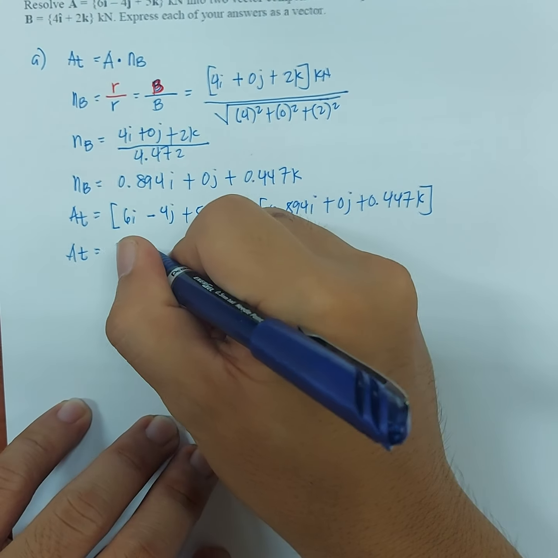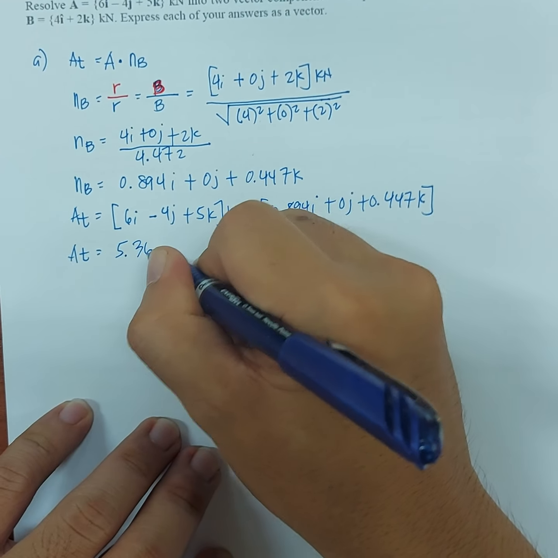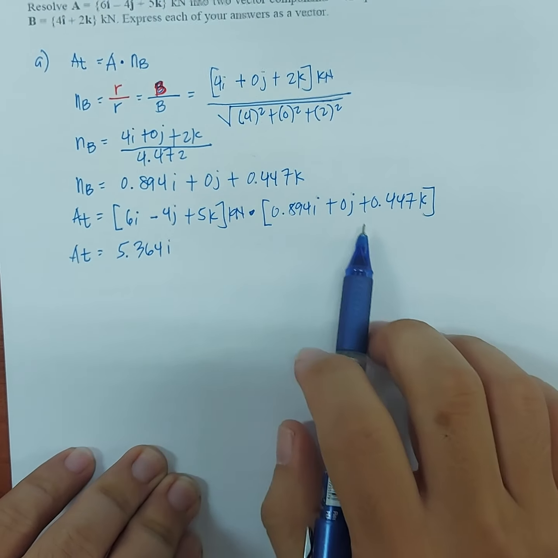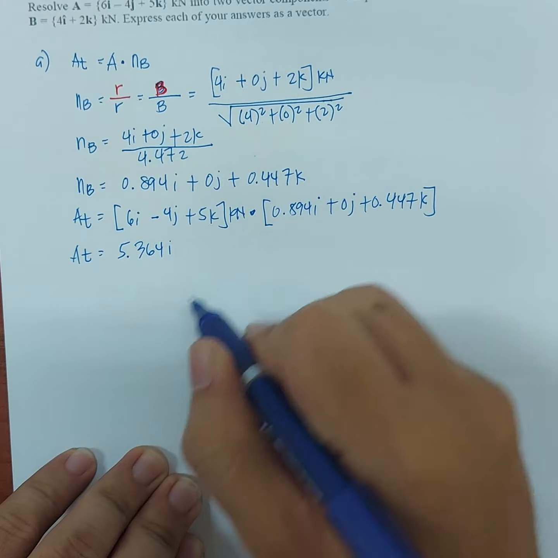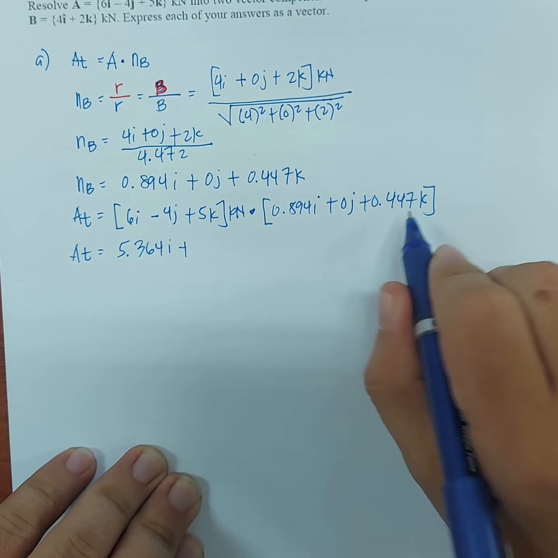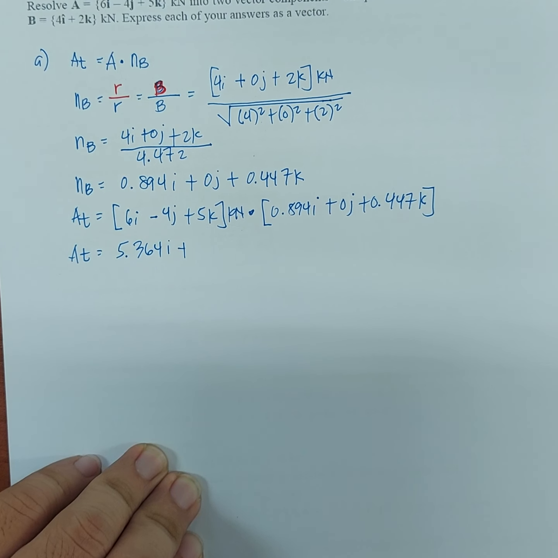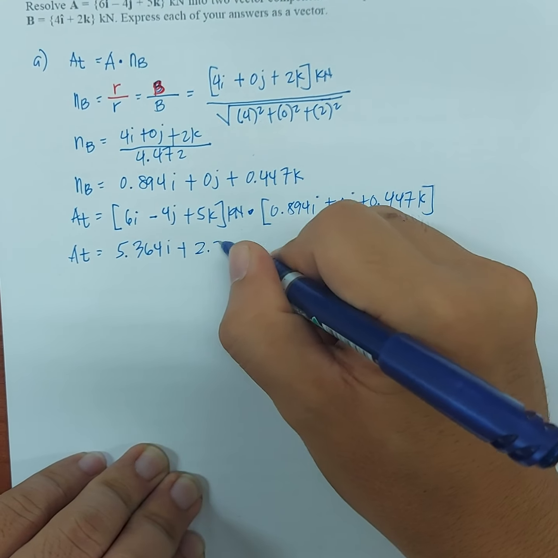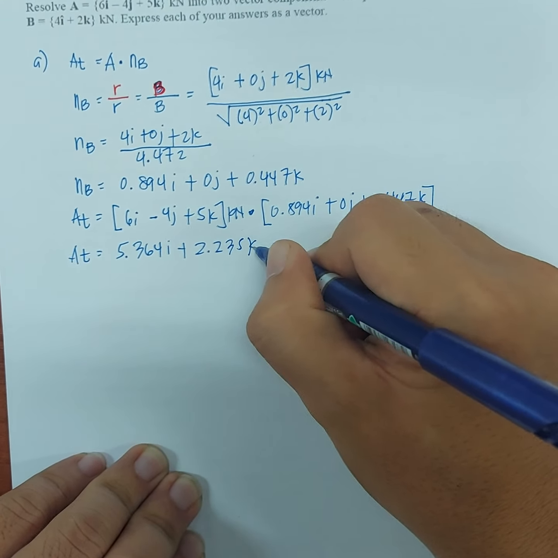We have 5.364i. Negative 4j times 0 is 0, plus 5 times 0.447 is equal to 2.235k.